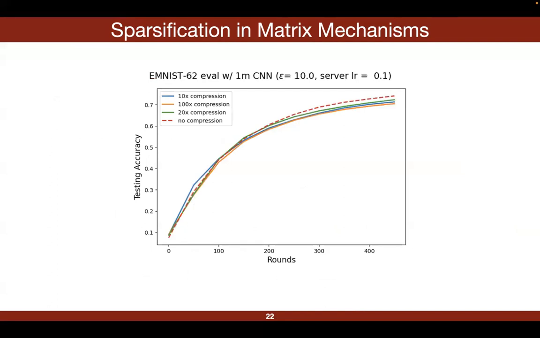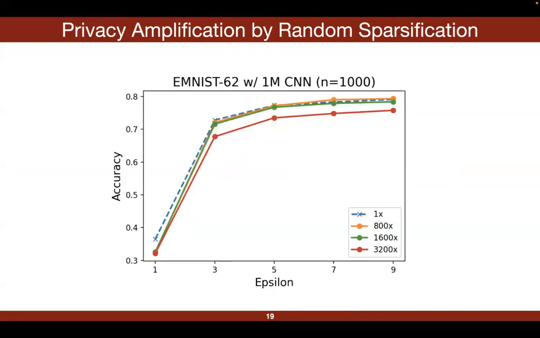Practically, we can also observe some non-trivial compression rate, up to maybe 100x compression. However, I have to say that for DPF-TRL type optimizers, it's actually less compressible. For DPSGD, we can compress even more aggressively, like 1000x.